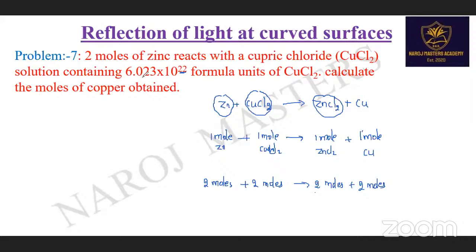So actually we have the solution here 6.023 into 10 power 22 only, not 23. If we have 23 we can say 1 mole. Here instead of 1 mole we have only 0.1 mole. Then how much copper will we get here? 0.1 mole only we will get.